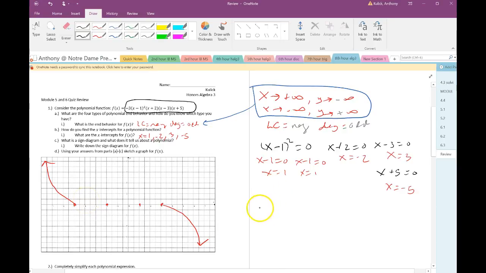So the intervals that I'm concerned with are from negative 5 to negative 2. That's this interval. And then from negative 2 to positive 1. That's this interval. And then from positive 1 to positive 3. That's this interval.